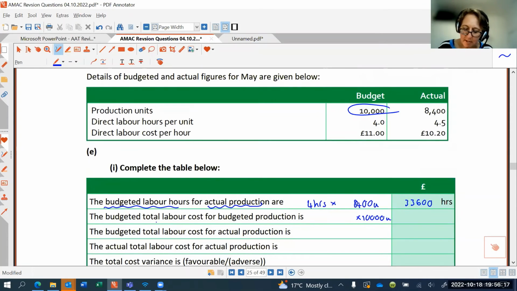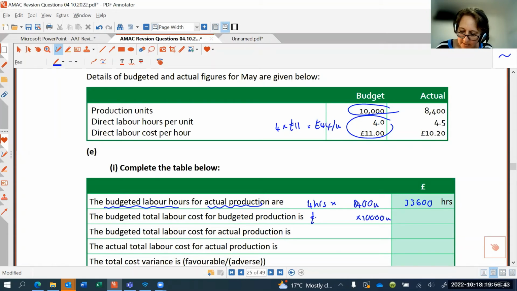So I want the total labour cost, the budgeted total labour cost. So I'm still in the budgeted column. What do I know? 4 hours for one, and £11 each hour. So it's actually £44 for a unit.